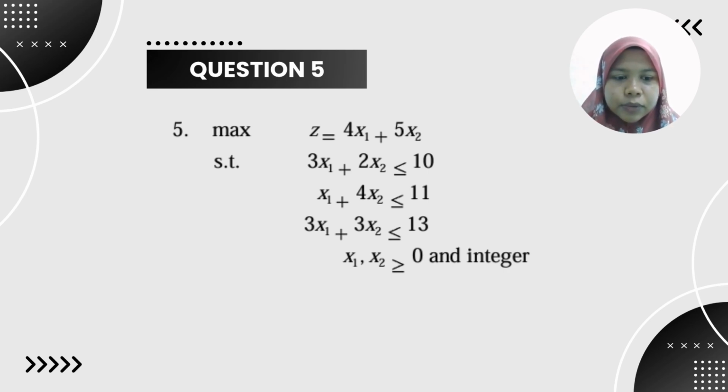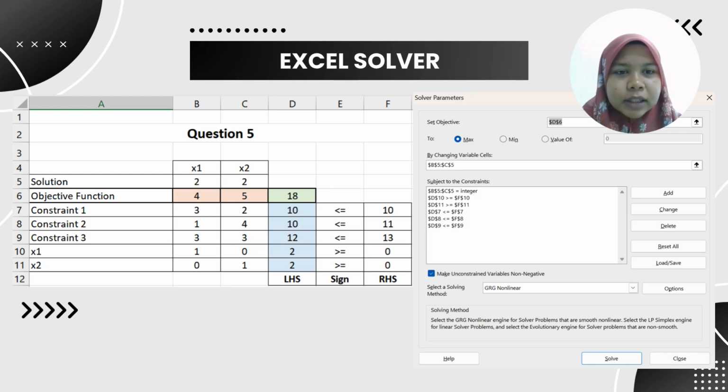So our goal is to find integer values of x1 and x2 that maximize z while satisfying all constraints. By solving question number 5 using Excel solver, we get the optimal solution: x1 equal to 2, x2 equal to 2, and z equal to 18.